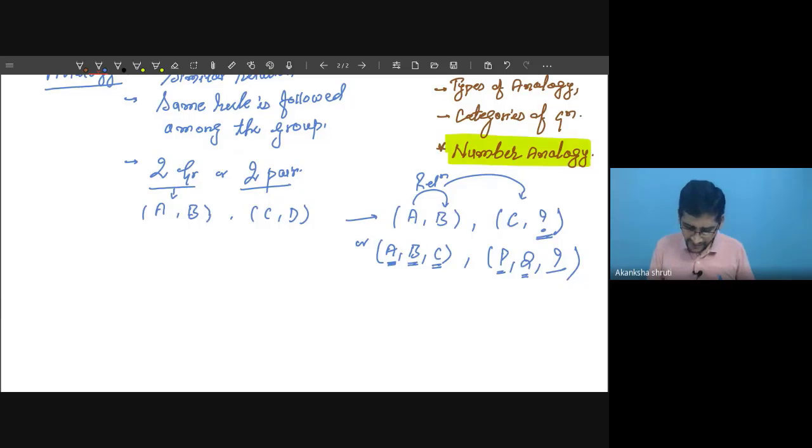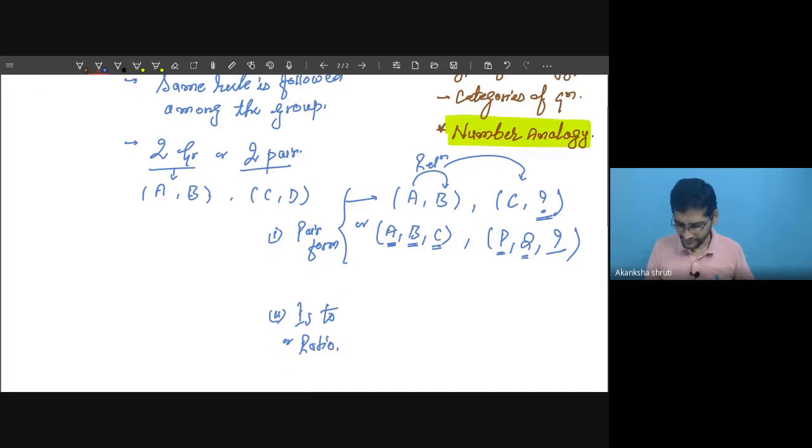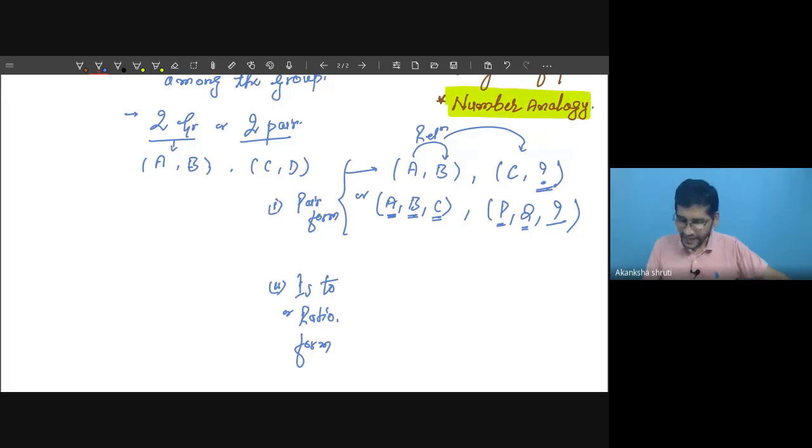The other way is writing this in mathematical form, called the is-to form. So this is what is called the pair form, or the question may be framed in another form called is-to or ratio form. This is just a way of writing this. It is nothing different from writing as a pair.